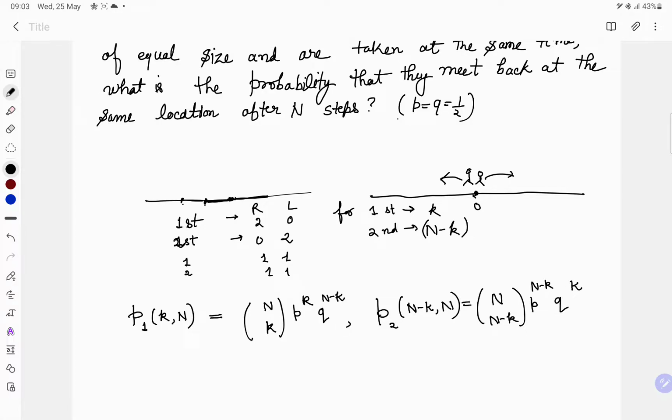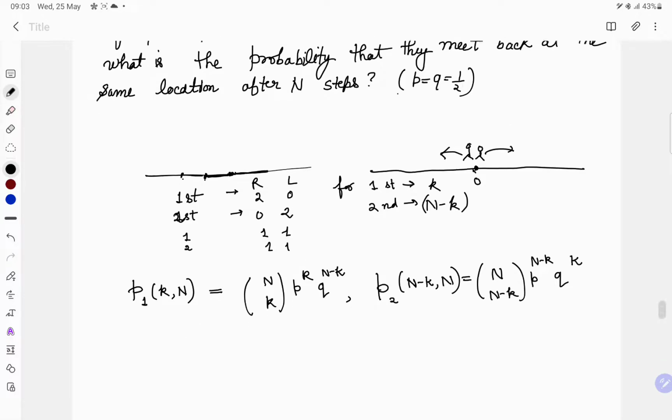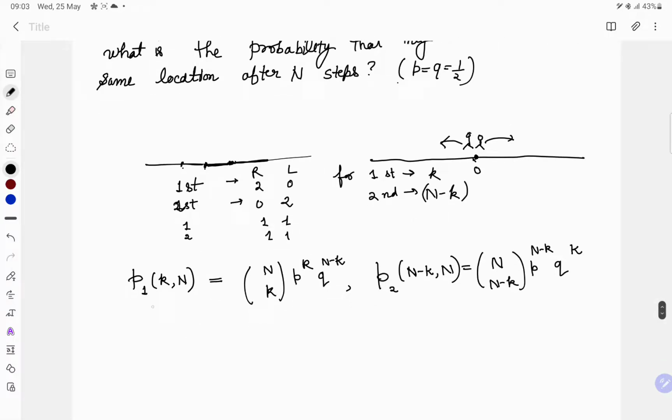Now, these two events occur independently; the properties of one don't affect the other. We are asking what the probability is that they move in such a way that they meet. So these are the conditions they have to follow, but the probabilities are independent of each other. The two random walkers are not correlated.